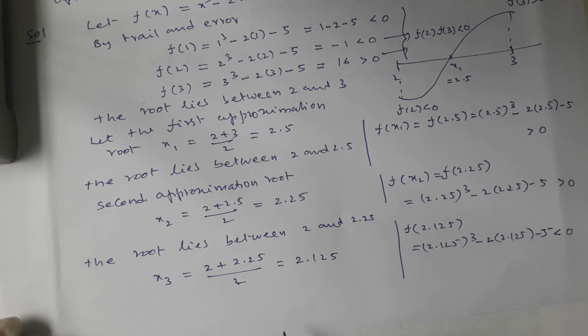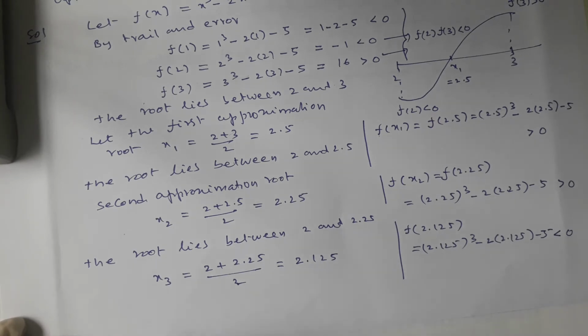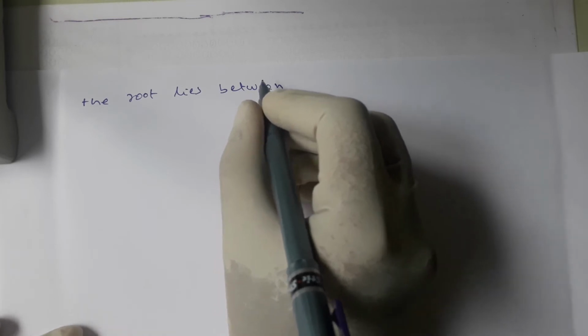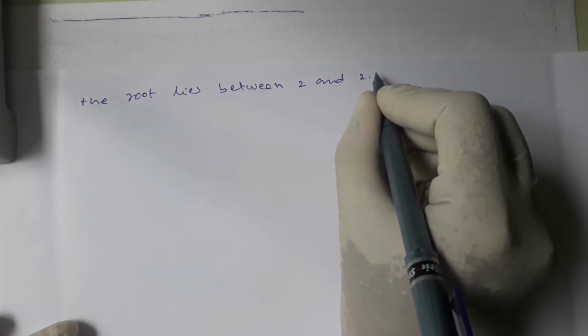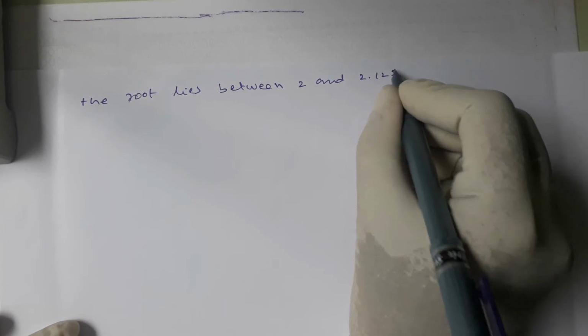As it is less than 0, the root lies to the right side of the value, so the root lies between 2 and 2.125.